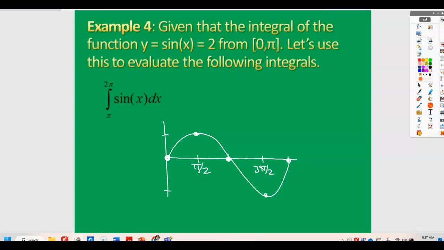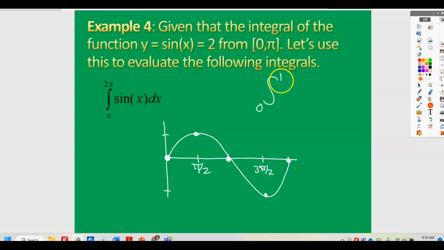So going back to this example, we are given that the integral of the function y equals the sine of 2x from 0 to pi equals 2.